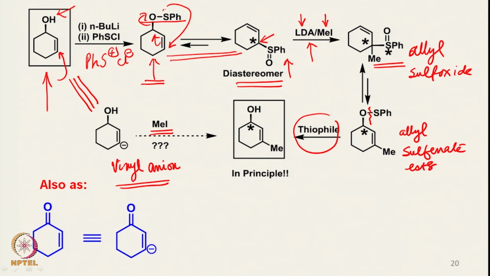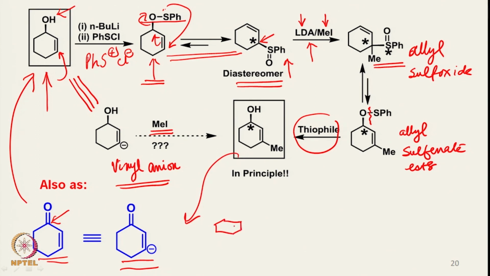We can also, after we have done this particular set of reactions, start with even an enone, and essentially what we are saying is it is a vinyl anion equivalent. That means we can reduce this alpha-beta unsaturated ketone to the corresponding allylic alcohol, and we can oxidize this allylic alcohol to the corresponding methyl compound here.